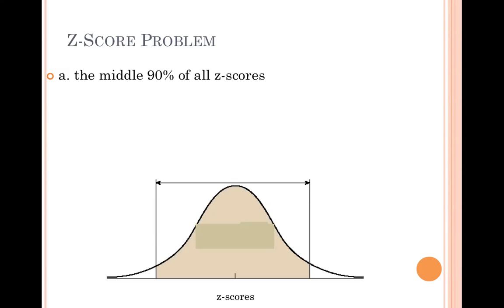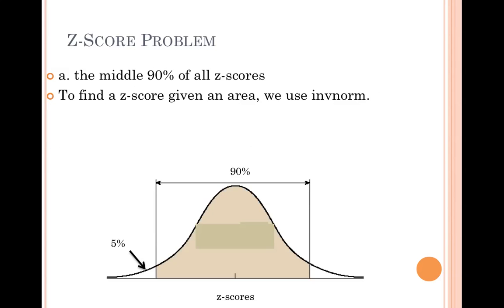So for the middle 90% of all z-scores, we have to realize that 5% of the area falls in the leftmost tail. Because this is middle 90% and we have symmetry with the bell curve, it means that 10% must exist in both tails, and because of the symmetry, 5% must be in one and the other 5% must be in the other.